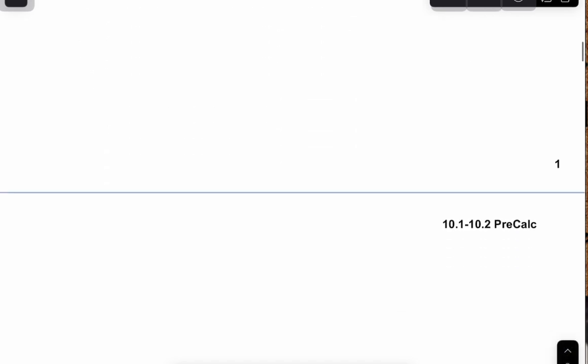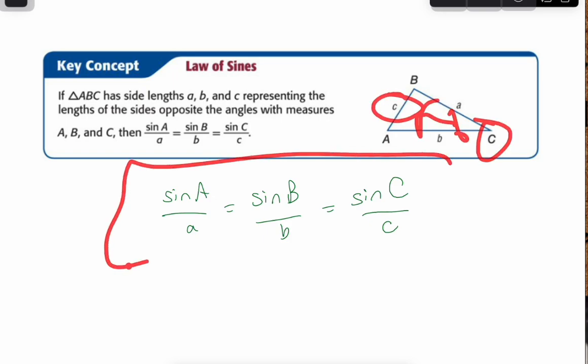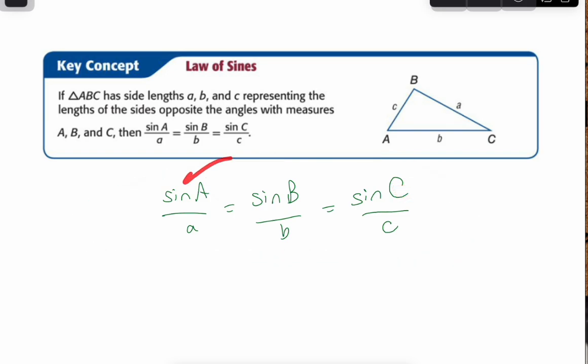The first one I want to talk about is the law of sines. You can even use this for a right triangle, it will work, but for any triangle, if side little a is across from capital A, little b is across from capital B, little c is across from capital C, this formula holds: the sine of A over a is equal to the sine of B over b.